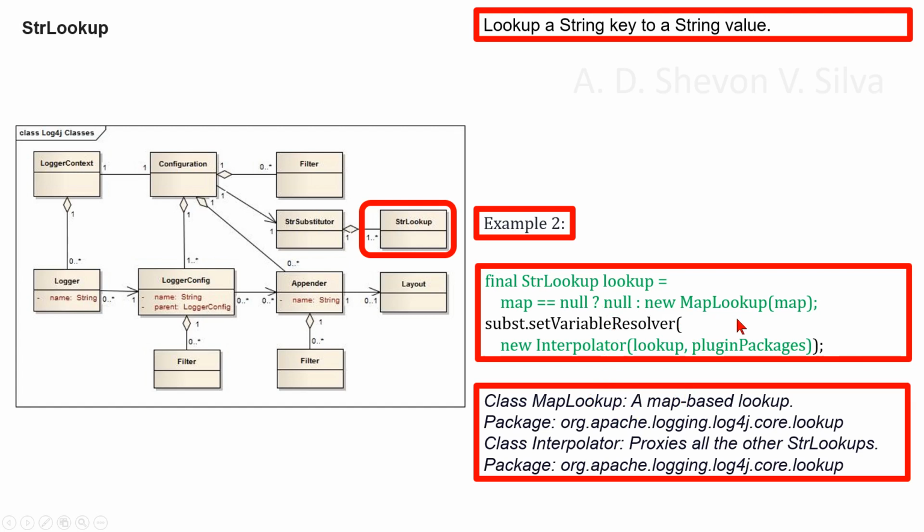In this example here, the class MapLookup, a map-based lookup, is in package org.apache.logging.log4j.core.lookup, and the class Interpolator, which proxies all other StrLookups, is in package org.apache.logging.log4j.core.lookup.